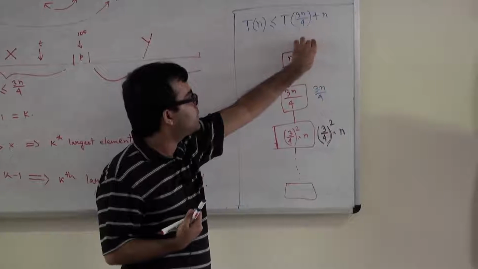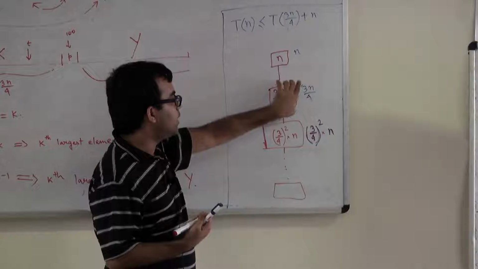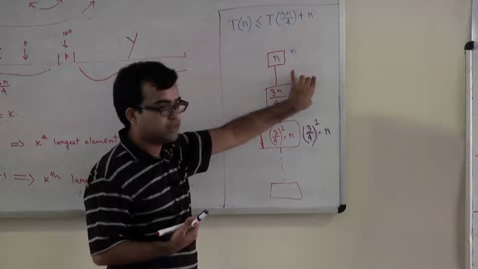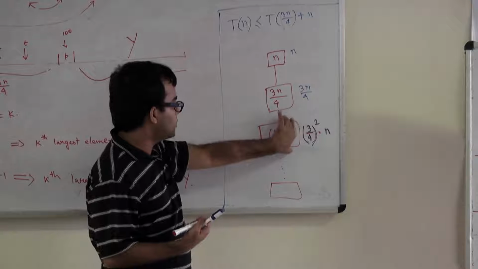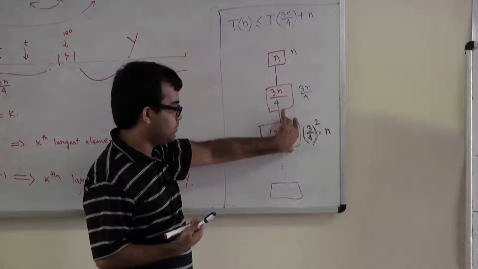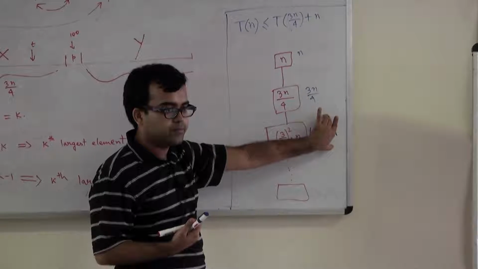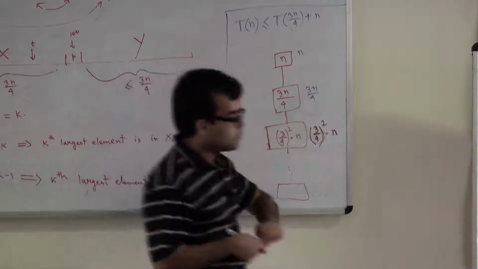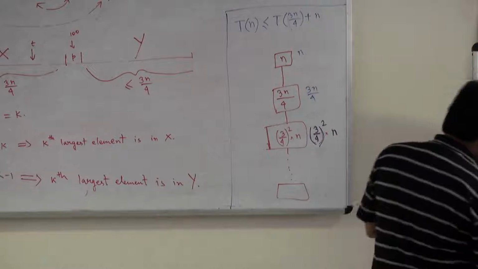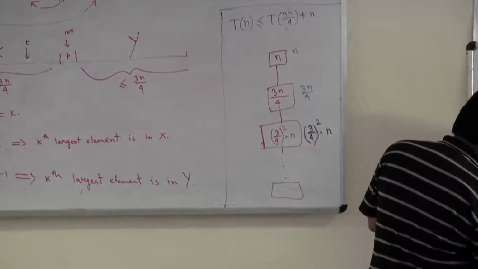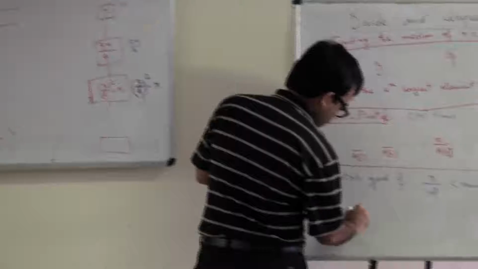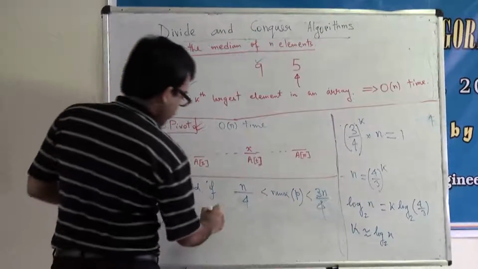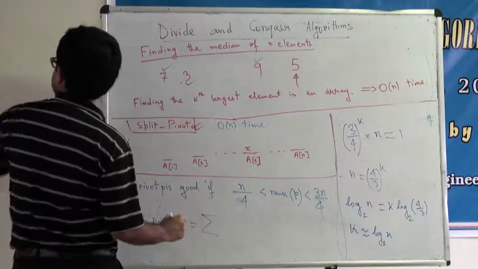For the combined step you did work n. Then you went to a subproblem of size 3n by 4, for which you did work of 3n by 4. Then you went to a problem of size 3 by 4 squared times n, for which the combined step was 3 over 4 squared times n. So the total running time is going to be just the sum of these things.